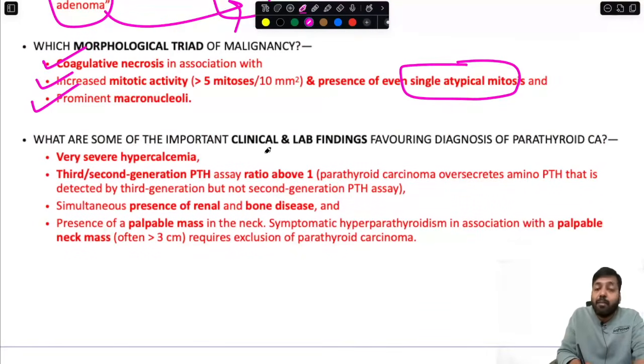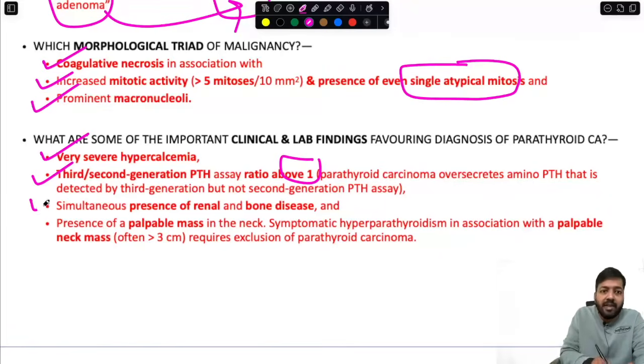What are some of the important clinical and laboratory findings favoring the diagnosis of parathyroid carcinoma? So, very severe hypercalcemia, approximately 3 to 4 milligram per deciliter above the higher limit of normal levels. Then third or second generation PTH assay ratio above 1.